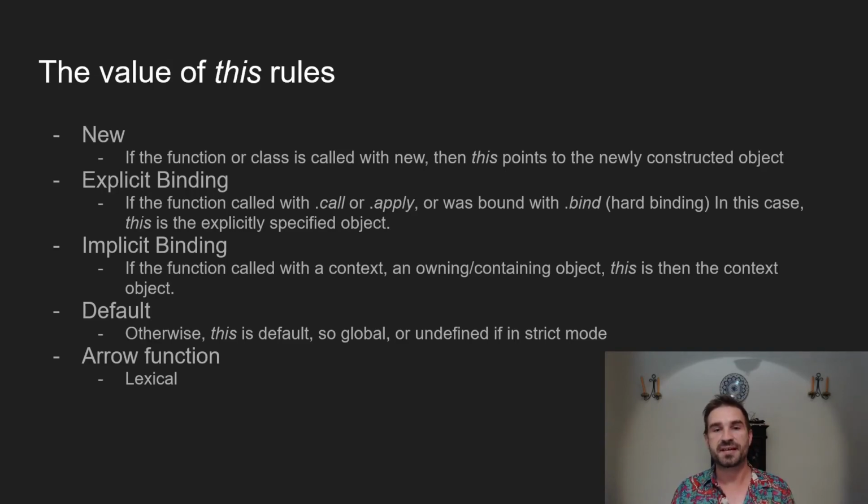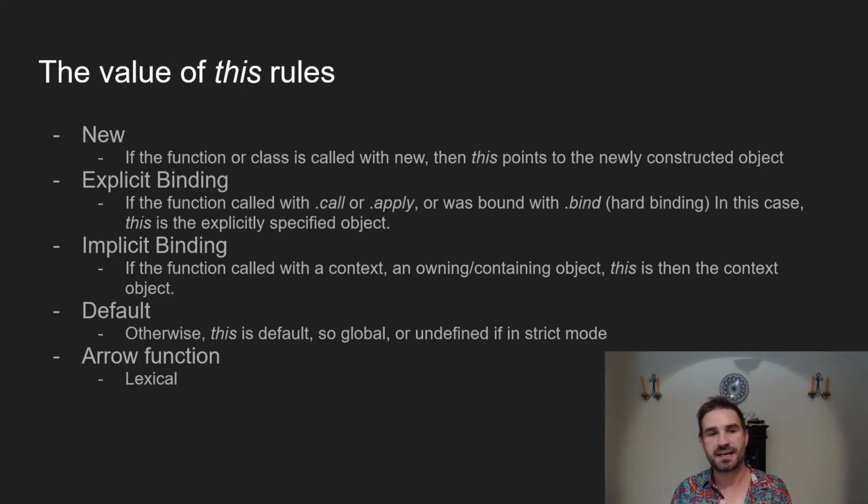So new: if a function is called with new, this is going to be the newly constructed object. Explicit binding: if you've said in code, you've told the execution context, this is what the value of this is going to be, the object it's going to point to, with call, apply, bind, that sort of thing.